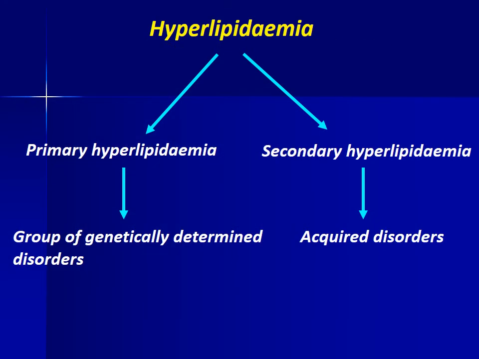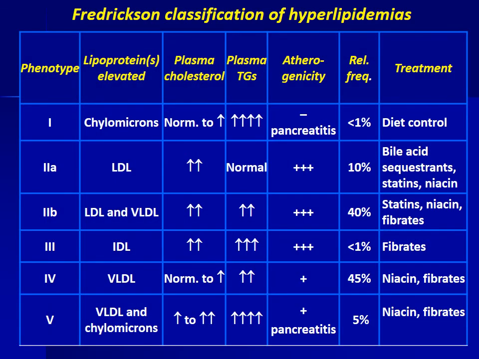Hyperlipidemia is also classified into primary hyperlipidemia and secondary hyperlipidemia. Primary hyperlipidemias are a group of genetically determined disorders. Secondary hyperlipidemias are acquired disorders. The table shows Fredrickson classification of hyperlipidemias.